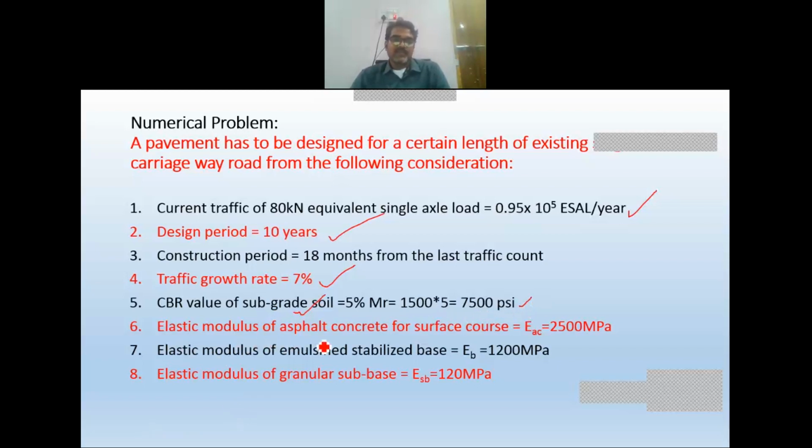Now, the elastic modulus of asphalt concrete for the surface course is 1500, the elastic modulus of the base course is 1200, and the elastic modulus of the subbase course is 120. The elastic modulus values are in megapascals, but the resilient modulus value is given in PSI. The elastic modulus of the surface course is higher, 2500, the base course 1200, medium, and the subbase course 120.